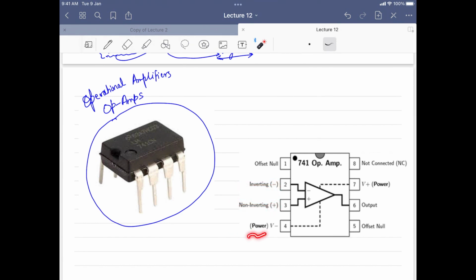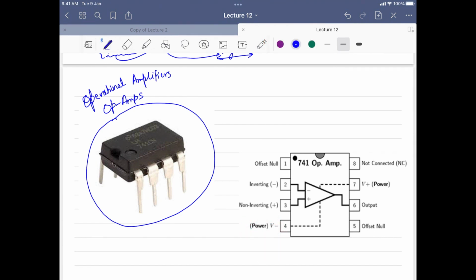This is the power supply. You have to power the circuit, right? Whenever you have a chip, you have to apply voltage to it, otherwise it will not come into action. This is basically the minus terminal of the battery, which you will connect to the fourth terminal.